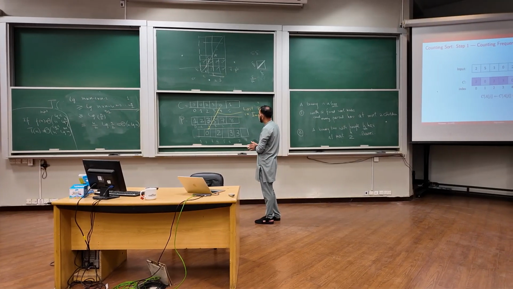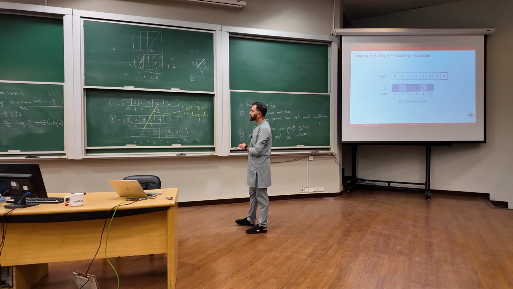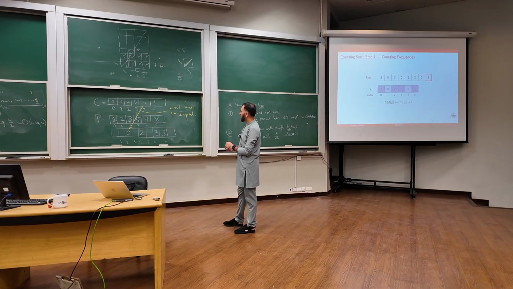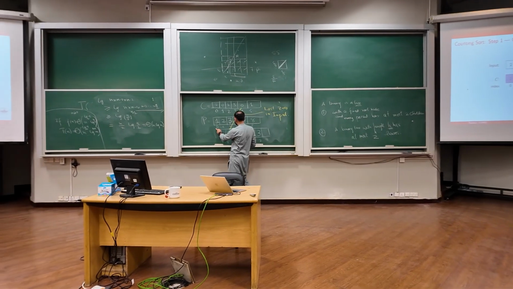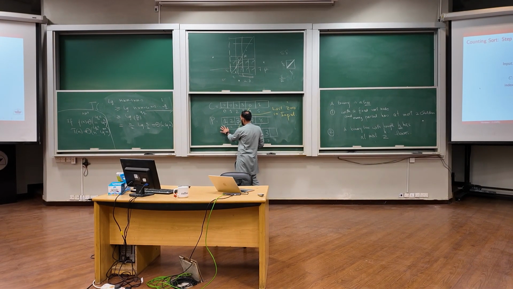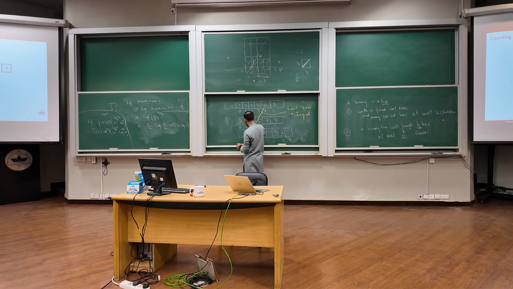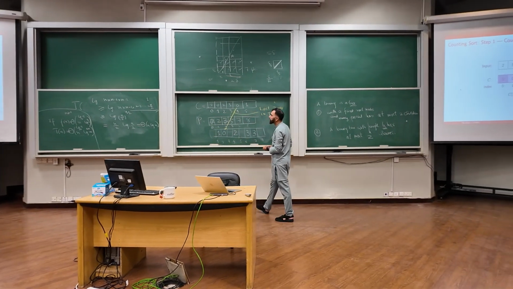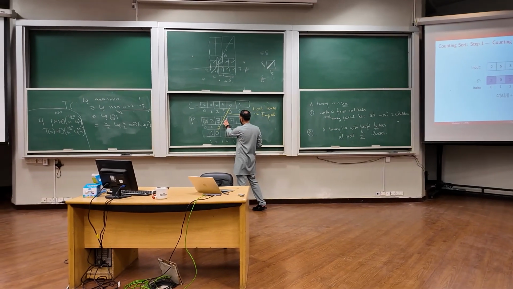And what do I do next? Where am I? I have put the first 2. Next is 0. So 0 is 1. This becomes 0. This is 1. And next I have a 3. 3 goes to 5.